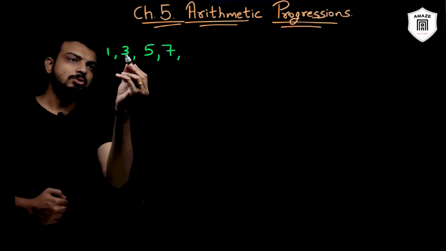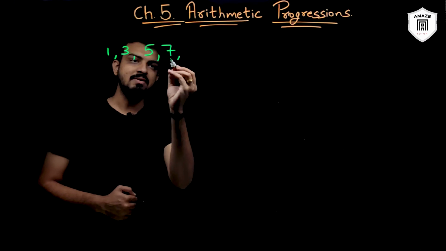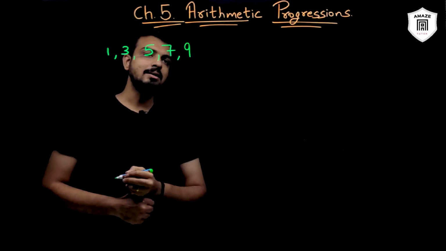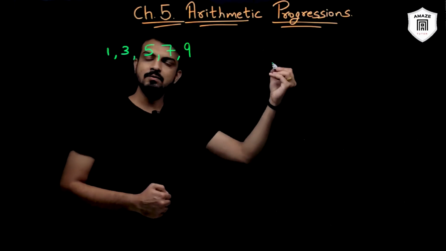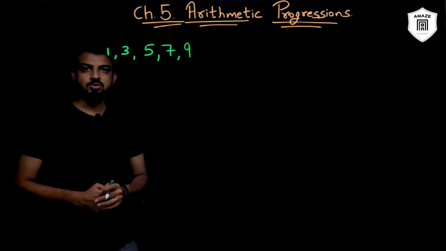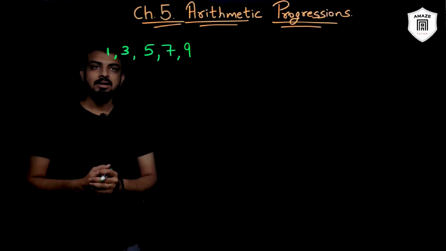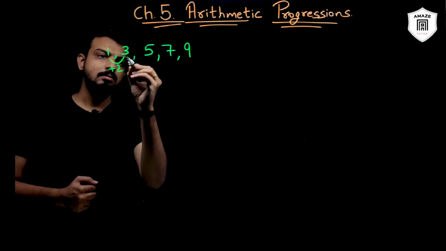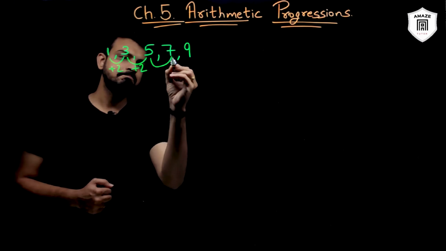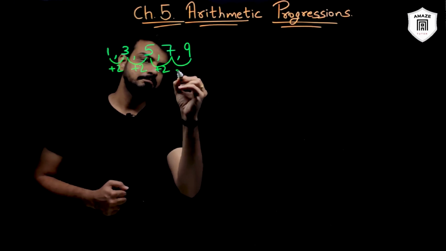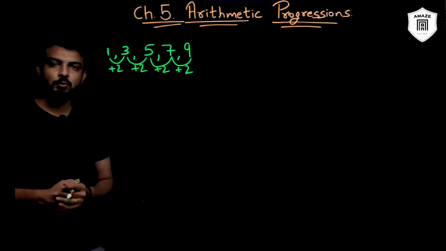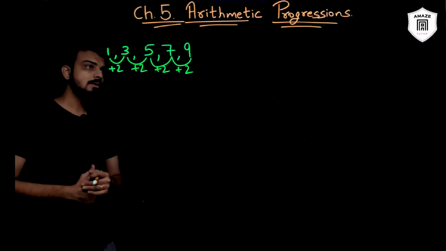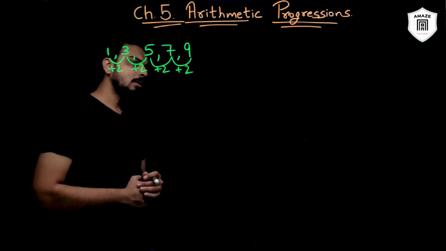So 1 plus 2, 3, 3 plus 2, 5, 5 plus 2, 7, then 7 plus 2, obviously it will be 9, right? Next will be 11, 13, 15 and so on, right? So you got the pattern here that it is nothing but addition of 2, right?